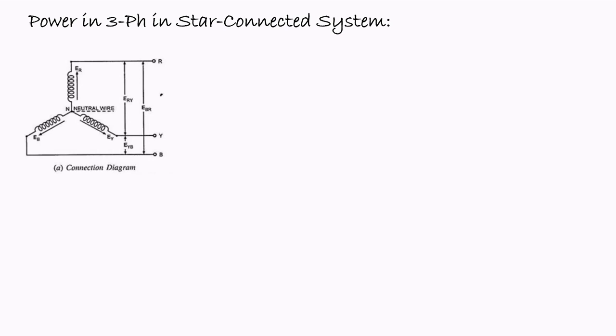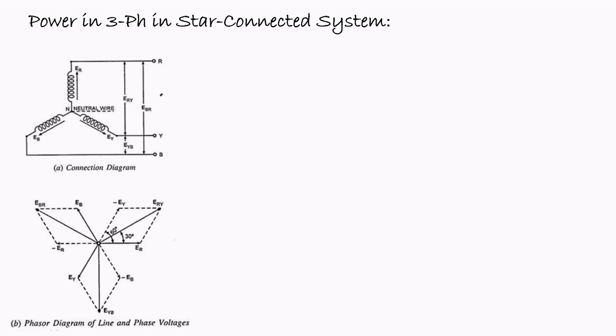So this is the connection diagram and this is the phasor diagram that we have already discussed. Here the three phases are R phase, Y phase and B phase. ER, EY, EB are the phase voltages. ERY, EYB and EBR are the line voltages.